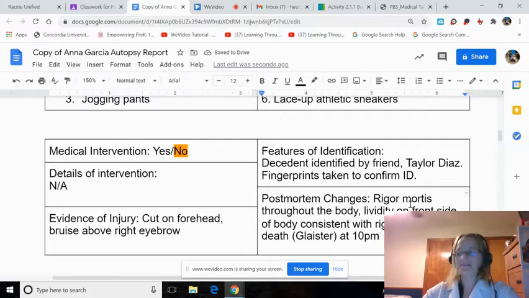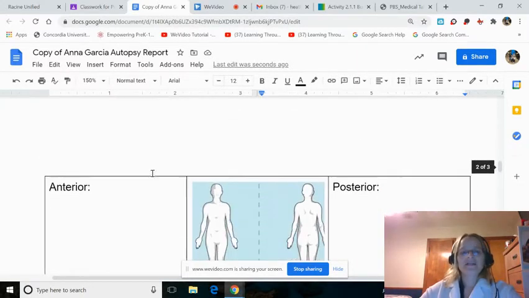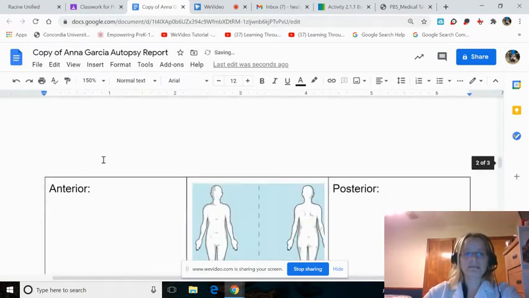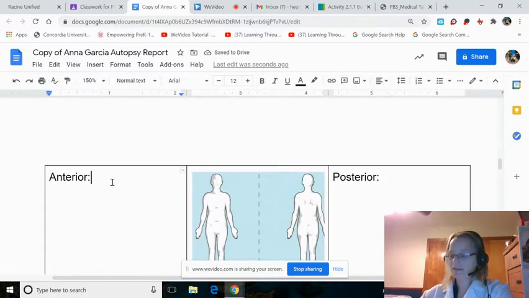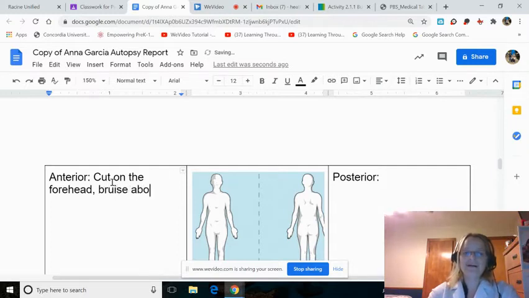Okay. So we also had some blowflies and eggs we never did anything with. Sorry, guys. So here we go. I'm just going to do this to make all my spacing happy. So anterior, what we had was a cut on the forehead and a bruise above the right eyebrow.